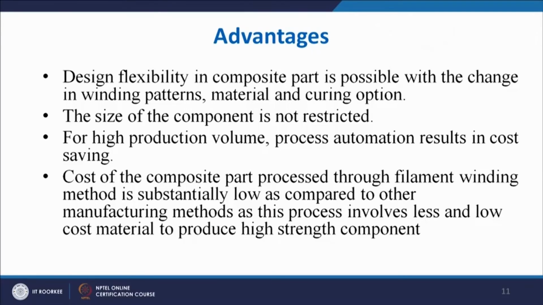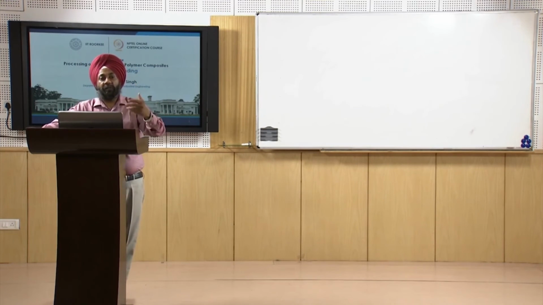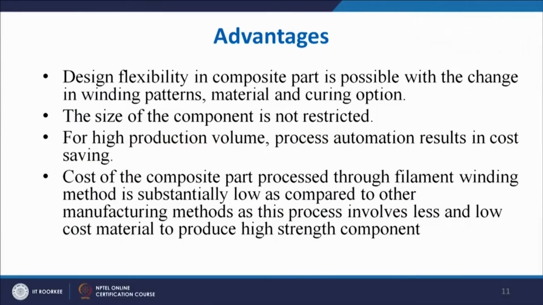Design flexibility is possible. The size of the composite is not restricted. We can have a long mandrel also, we can have a large carriage also, so the model can be scaled up and we can have a large size composite part which can be made by the filament winding process. For high production volume, process automation results in cost saving, which is from the industrial engineering point of view.